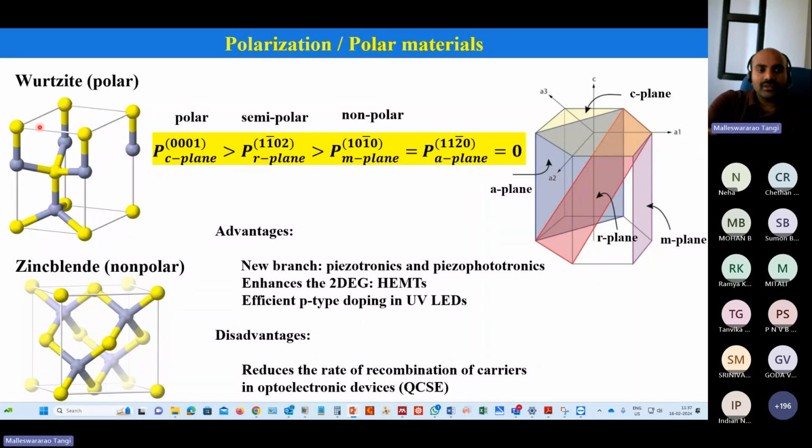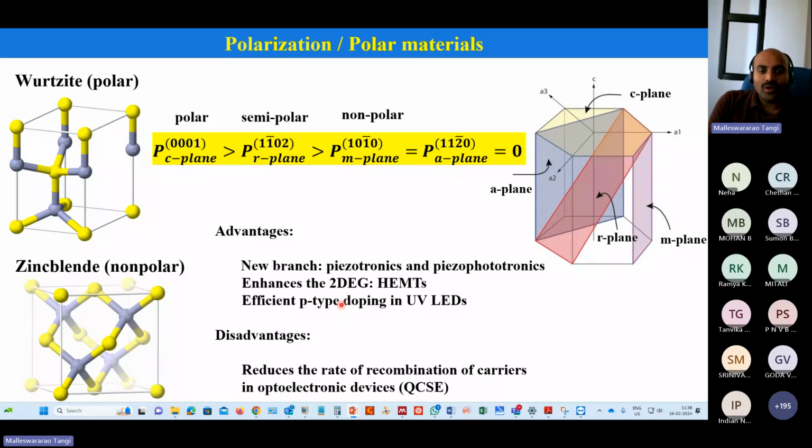Even in wurtzite materials, we can grow either polar, semi-polar, or non-polar substrates, and we can get non-polar material. But relatively, growing polar material is way easier than semi-polar or non-polar materials. An advantage of this polarity is that we can study piezotronics, and because of this polar nature, the interface between gallium nitride and aluminum gallium nitride has a two-dimensional electron gas, which is utilized in high electron mobility transistors.